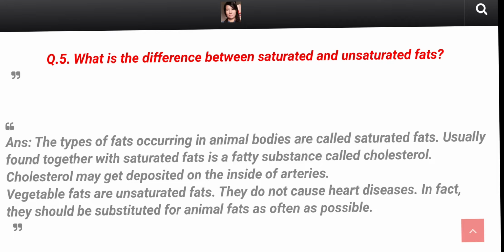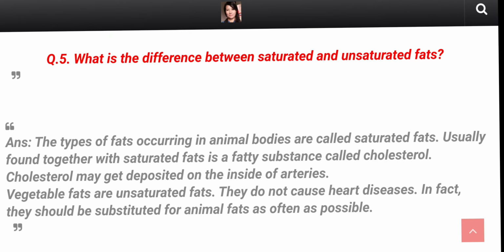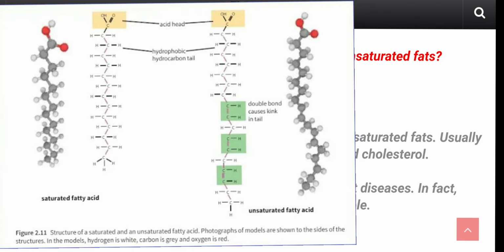Cholesterol may get deposited on the inside of arteries, and vegetable fats are unsaturated fats. So they do not cause heart disease, and in fact they should be substituted for animal fats as often as possible. That is the difference between saturated and unsaturated fat. Let's go to the next question.